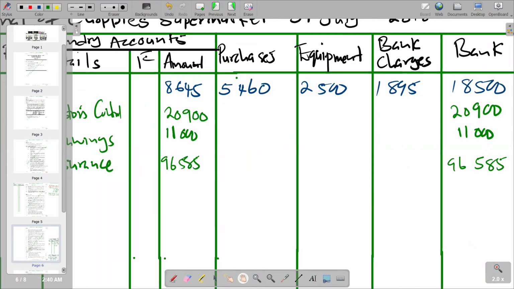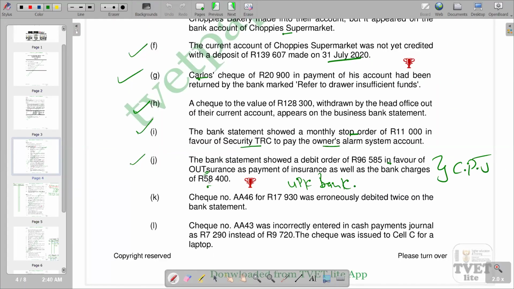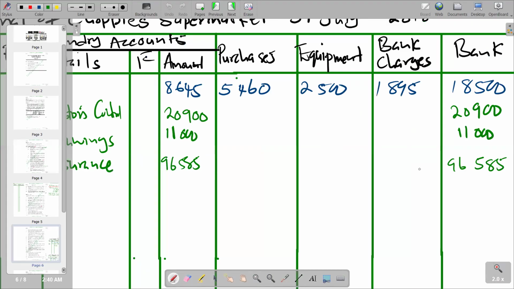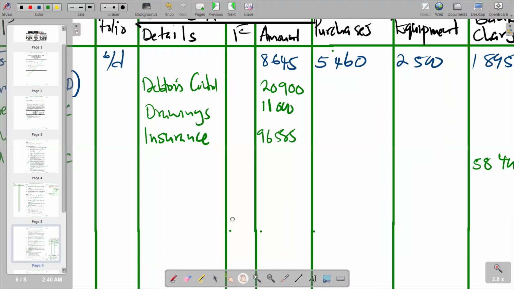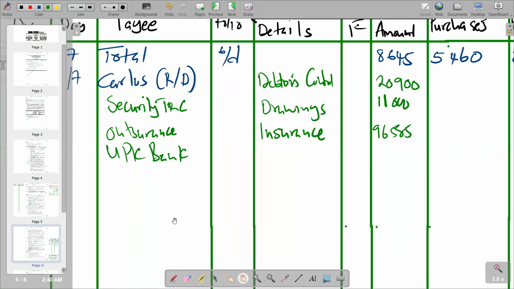So we're going to put it here, which is an amount of 58,400. And obviously, it also has to fall under the bank column. 58,400. So this is what we have, and it is our UPK bank.